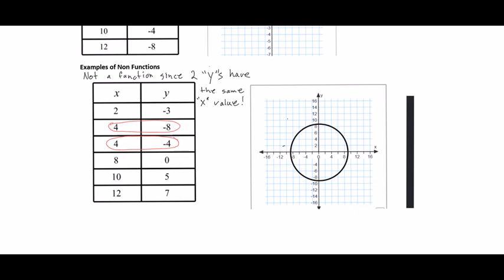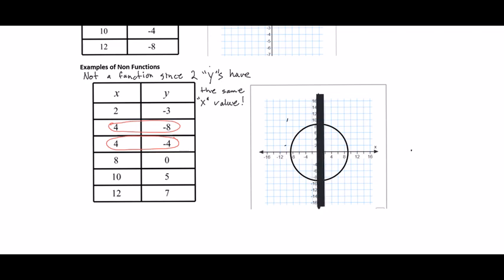Another way to represent that would be to do our vertical line test. Now when we take our ruler and move it across this new graph, which is just a circle, you'll notice as I move across the graph, there are 2 points. You can find 2 points along the graph where, for every one x value, you're going to have 2 y values.